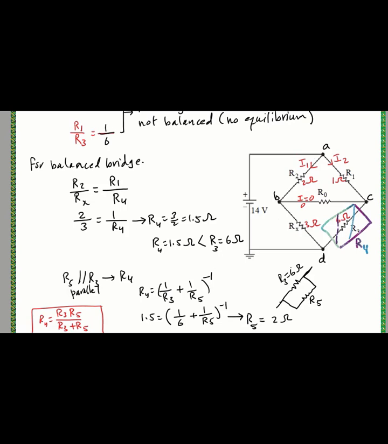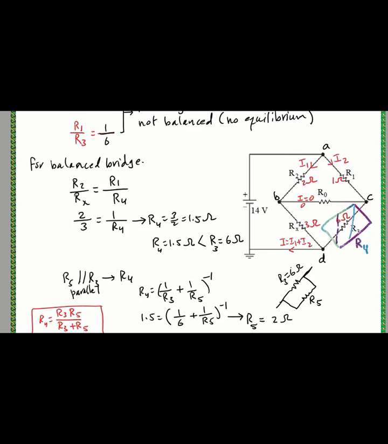The result from R2 and Rx is in parallel with the result of R1 and R4. So we can find the equivalent resistance this way. But it's easier to find the current through the cell, since I1 will meet I2 at D, and they will form I, which is I1 plus I2.